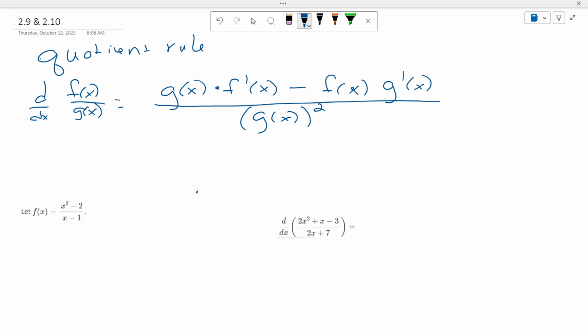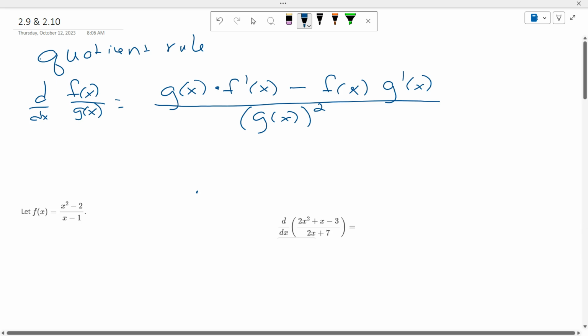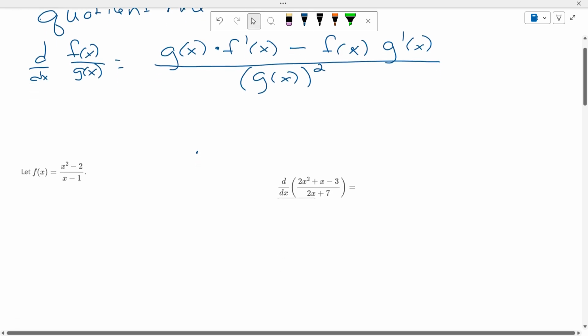Now, these are on your sheets on the front page. But also you're going to be using these so much, you need to practice with them. Quotient rule, a little harder than the product rule. Product rule is fairly simple. Quotient rule, a little harder.